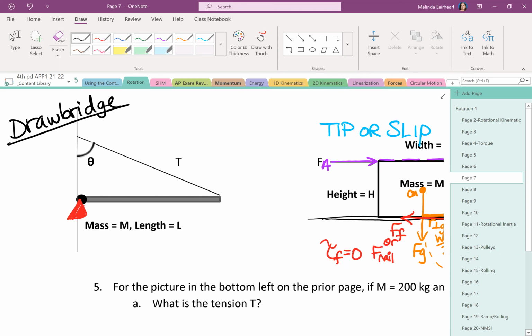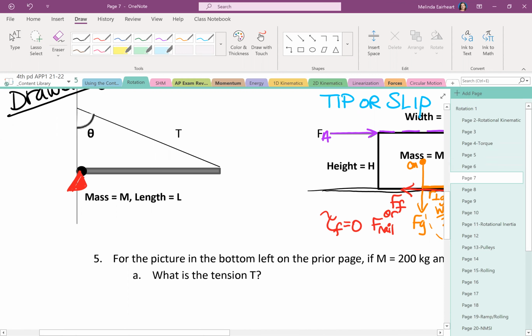How do you do that? You've got this cord or chains probably back then that you would unroll or roll up. And then enemies come and you say drawbridge up. We're looking at it at this moment. What's the net torque? Now notice there's no friends, there's no people on the bridge or the beam, right?